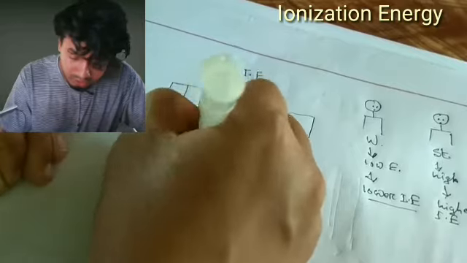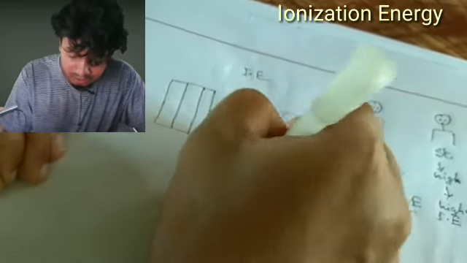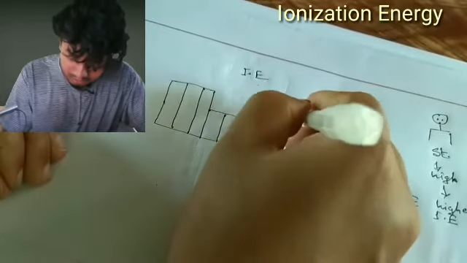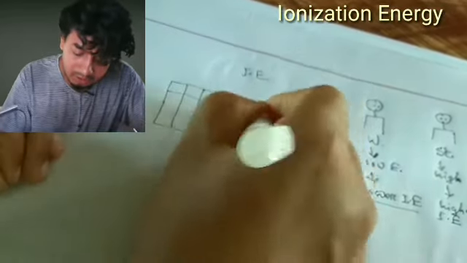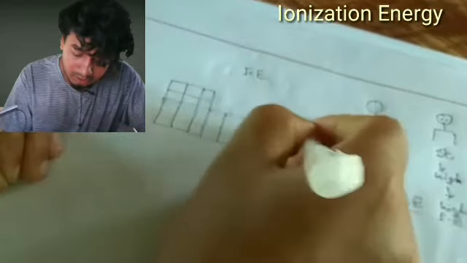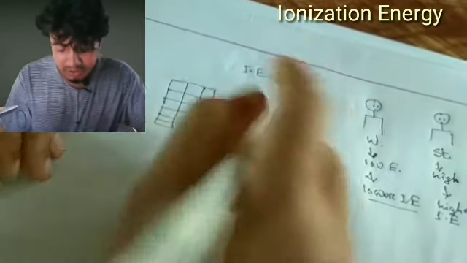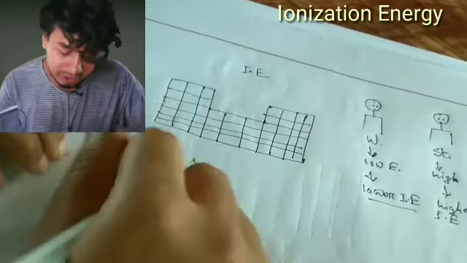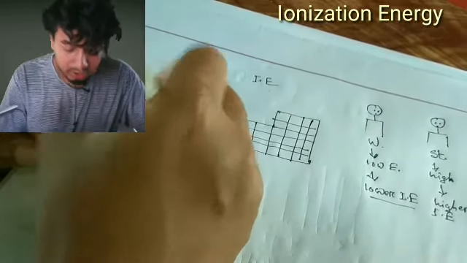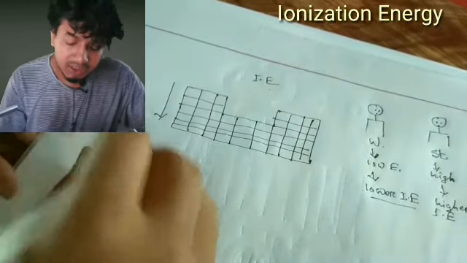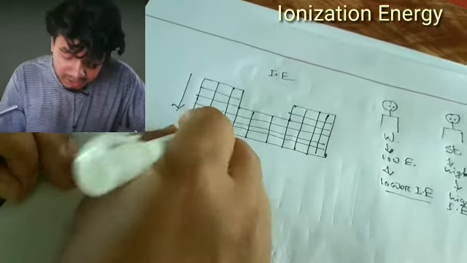I told you I'm not a good artist. I'm just drawing, do not take it seriously. If this is the periodic table and you go down a column, you will have lower ionization energy. But why? Let me explain.